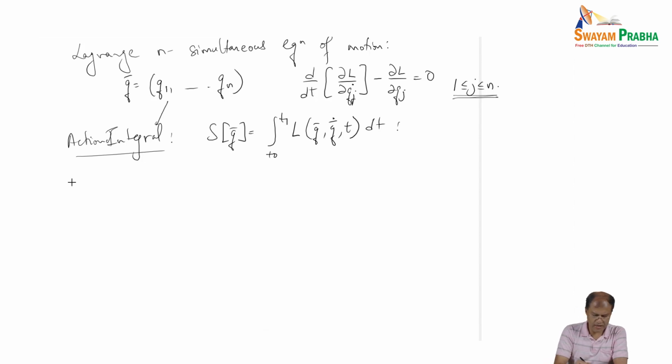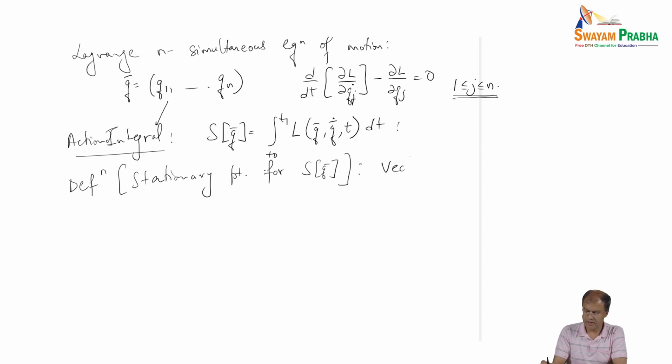Now again we can similarly define the stationary point of the action integral. Let me write this statement: the stationary point for S of q is defined to be the vector.